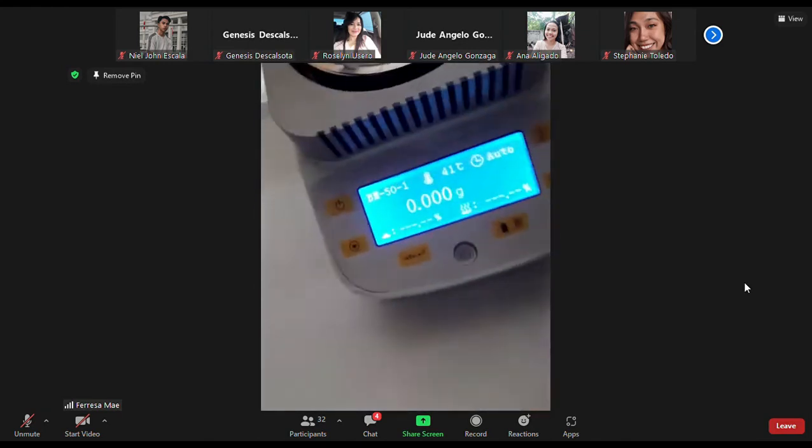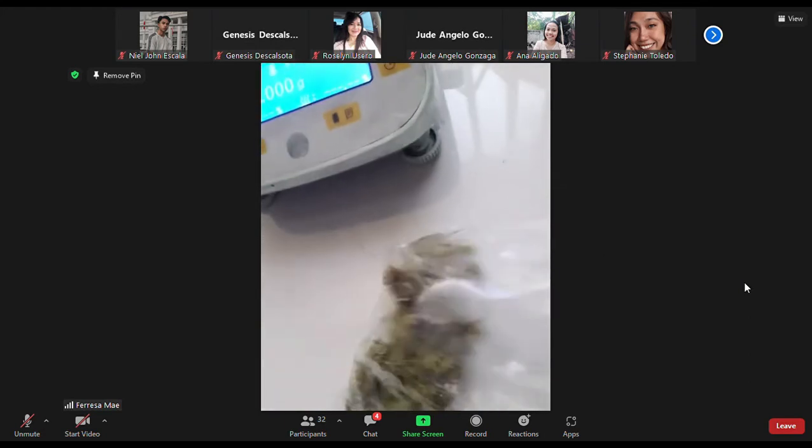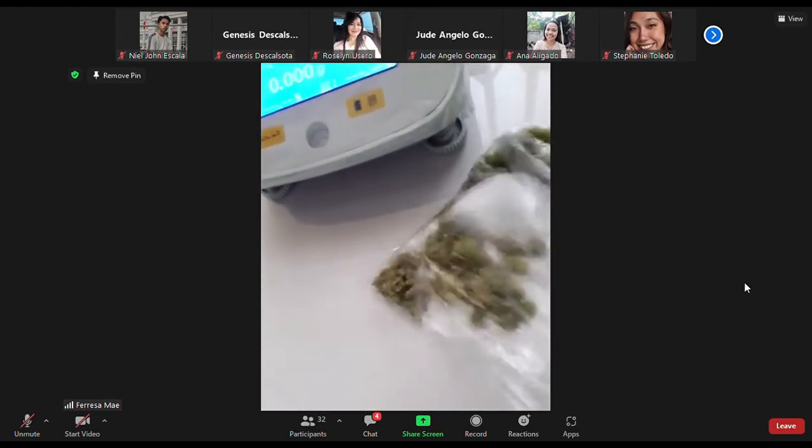Then we will weigh 5 grams. 5 grams ang sample.